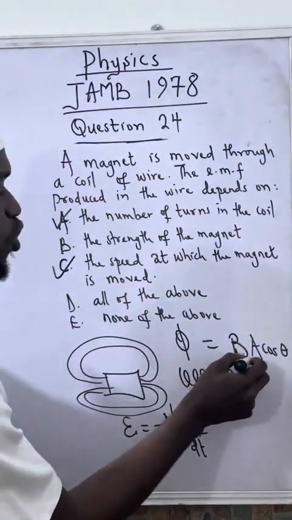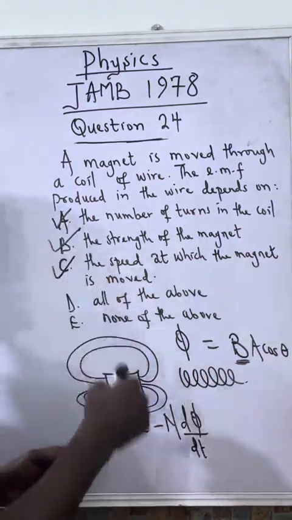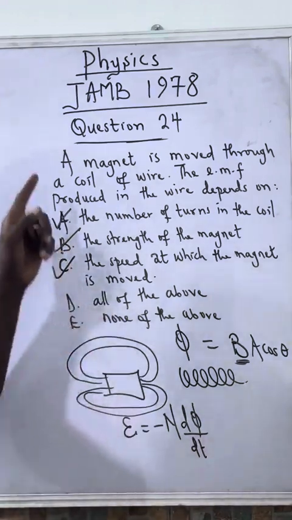Since phi depends on the strength of the magnet, the strength of the magnet is also correct.